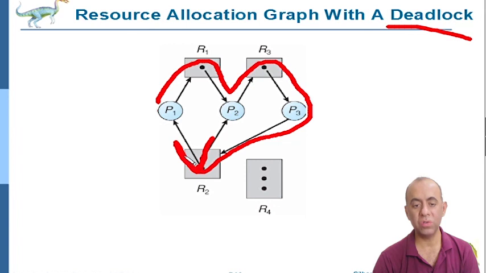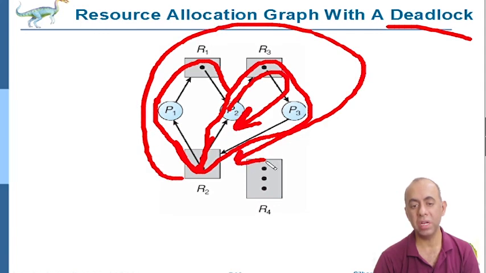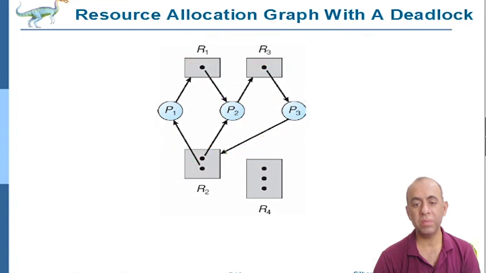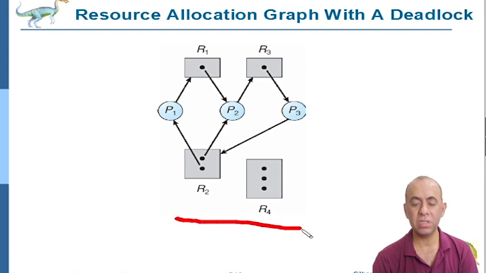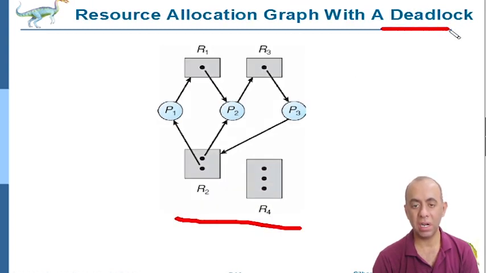So if we go through this direction, to this branch, we end up in the circular loop. If we go through this branch, we again end up at this part. So there is one cycle becoming here, and there is one cycle becoming here. This particular resource allocation graph has 2 cycles, right? And there is a deadlock.